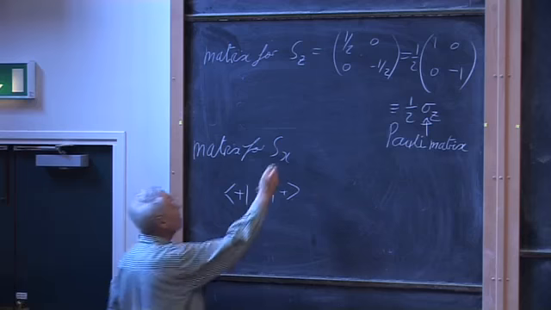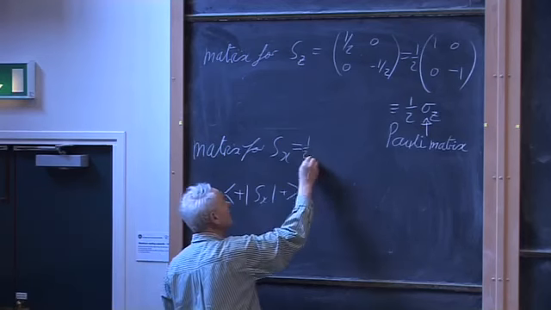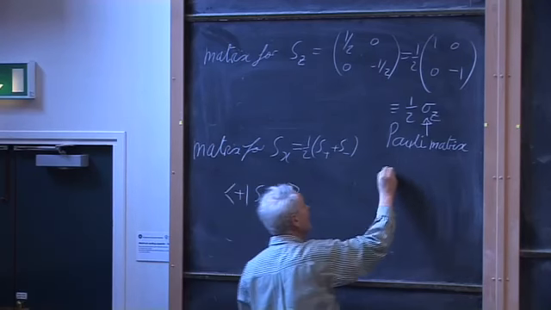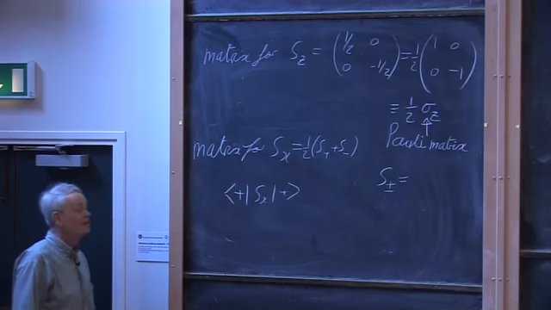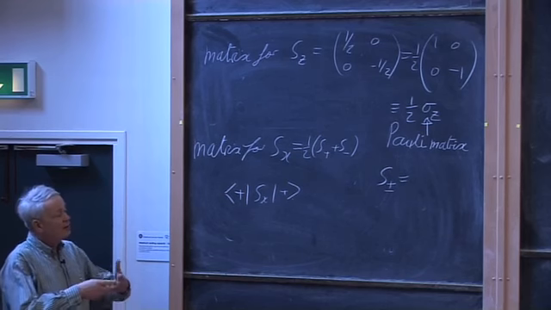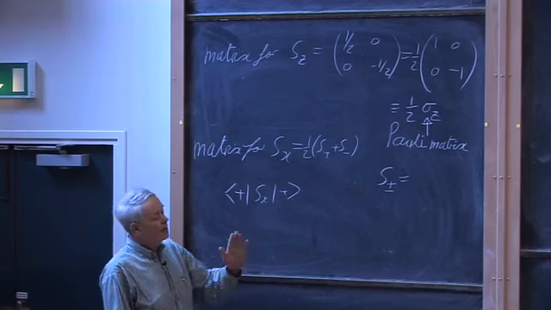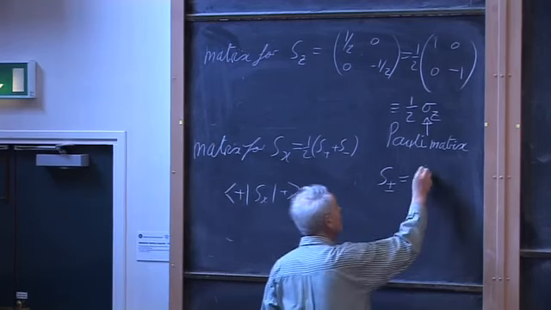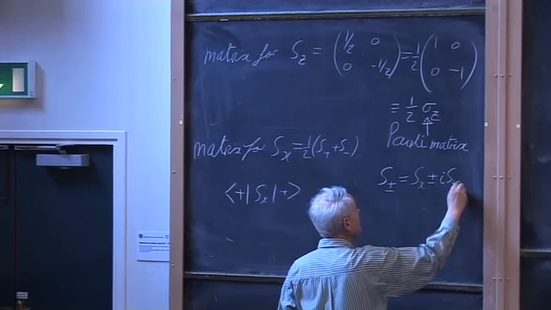The secret of calculating this is to write Sx as a half of S plus plus S minus, where S plus and minus are the operators that we already introduced in the context of J and L to reorient the angular momentum either towards the z-axis or away from the z-axis. So these are Sx plus and minus i times Sy, right?